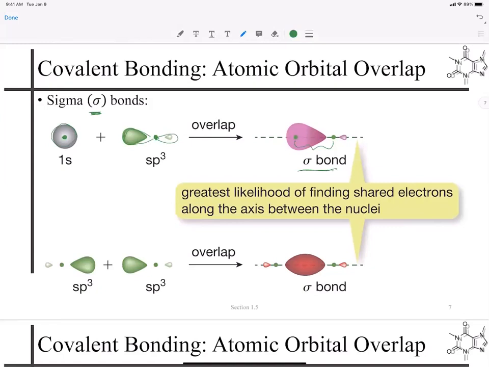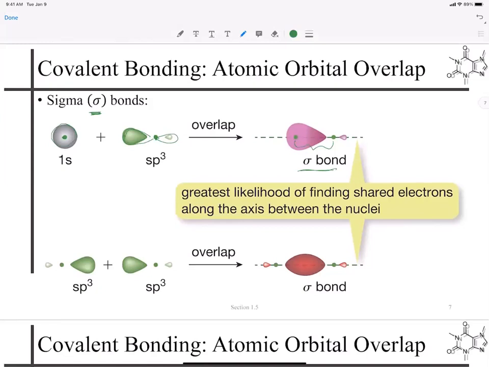Remember, an orbital is nothing more than a mathematical model that describes the likelihood of finding an electron in that area of space. So in this particular sigma bond, we've got this lobe in between these two different nuclei, and it's telling us that the probability of finding the electron is in between those two nuclei.